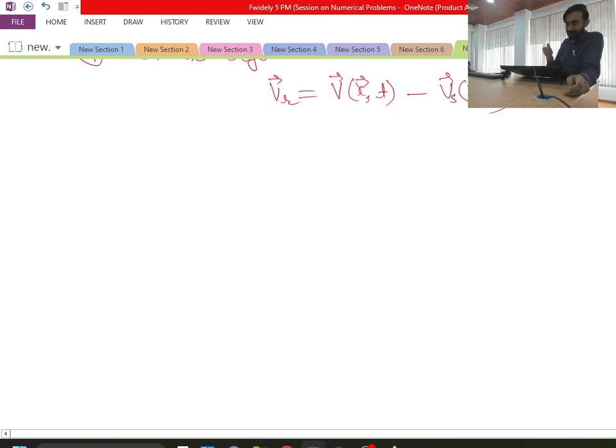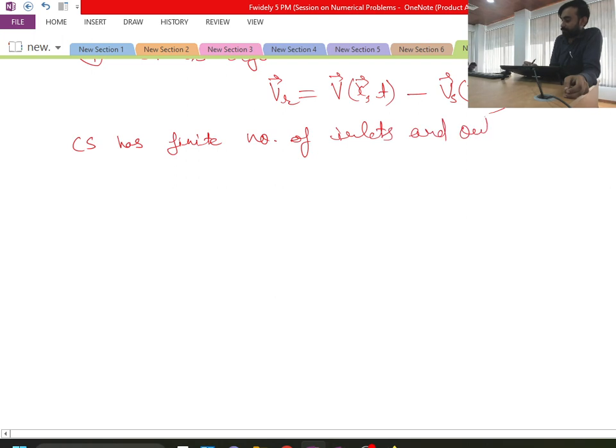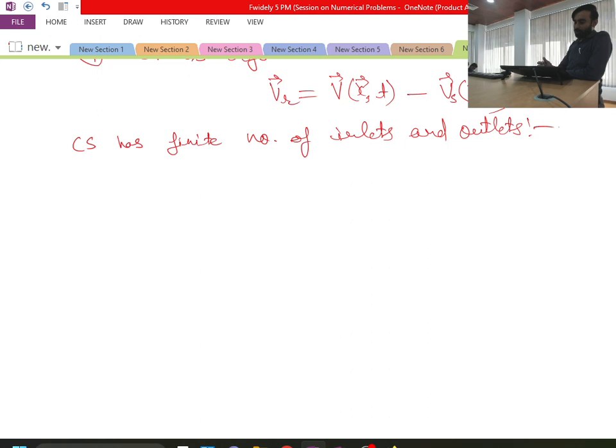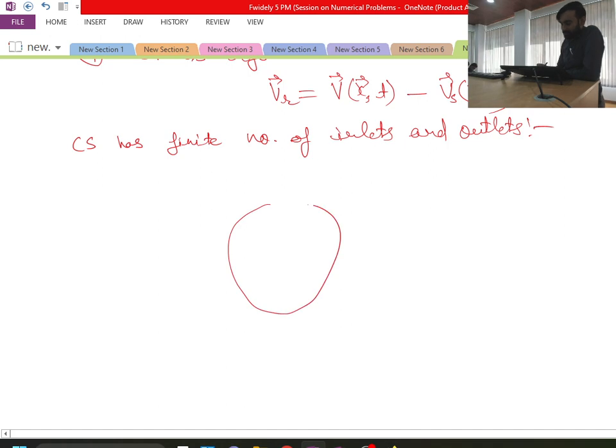Now say I have a case where the control surface has a finite number of inlets and outlets. If a control surface has a finite number of inlets and outlets, then what will be happening? The meaning is, say this is my control surface, but flow is not happening through all portions of it.